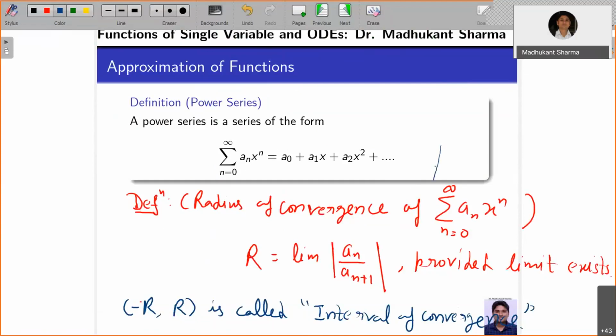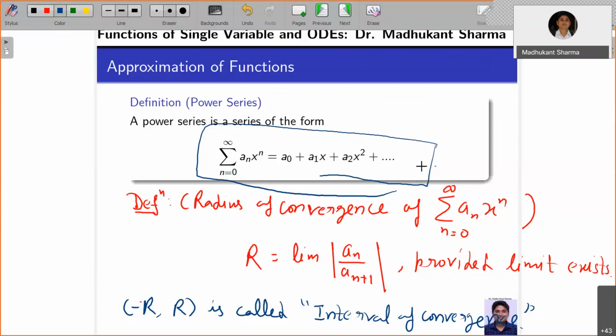We have already learned infinite series, so this is going to be very clear. In terms of polynomials, it's a kind of polynomial approximation. If you approximate by a linear polynomial, it is a linear approximation. If you approximate by a 2-degree polynomial, it's a quadratic approximation, then cubic approximation, biquadratic approximation, and so on.